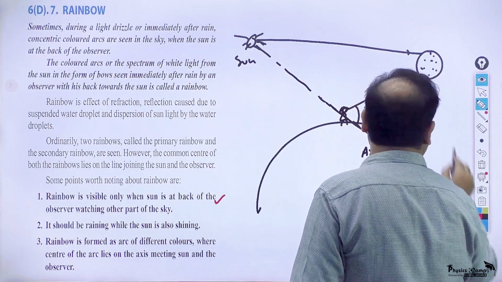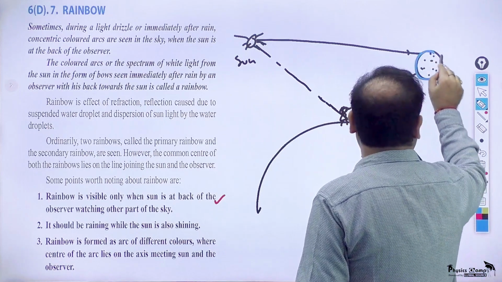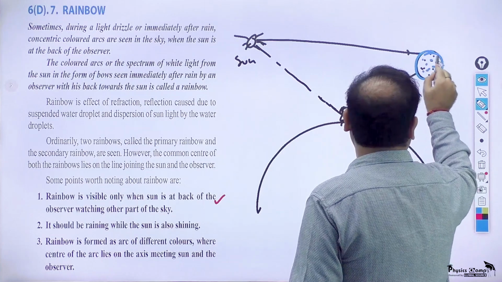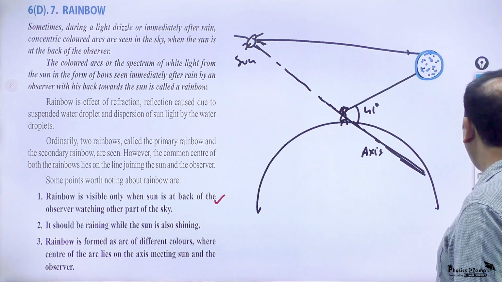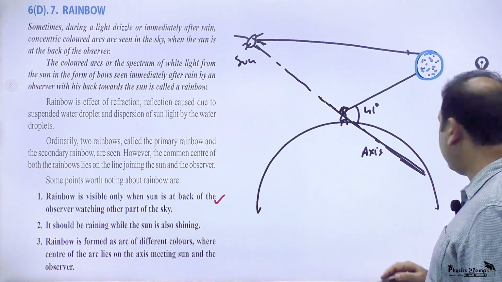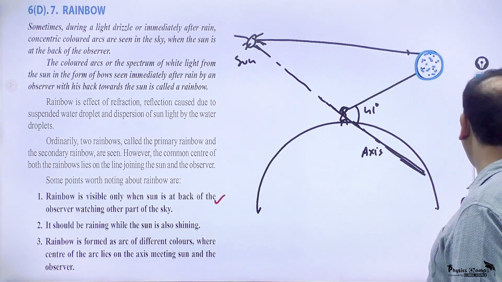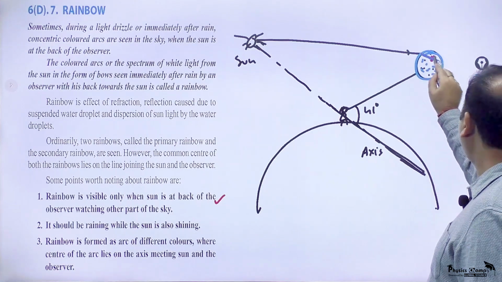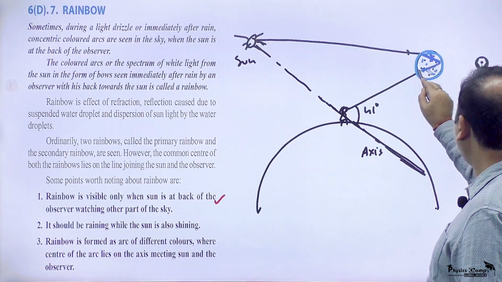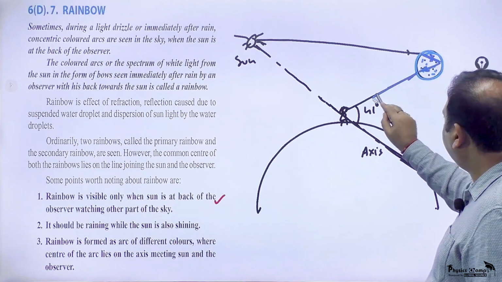I show these water droplets by blue color. So the sunlight falls on these water droplets, and then it just refracts inside. I'm talking of violet color. So it refracts inside and then it reaches you.